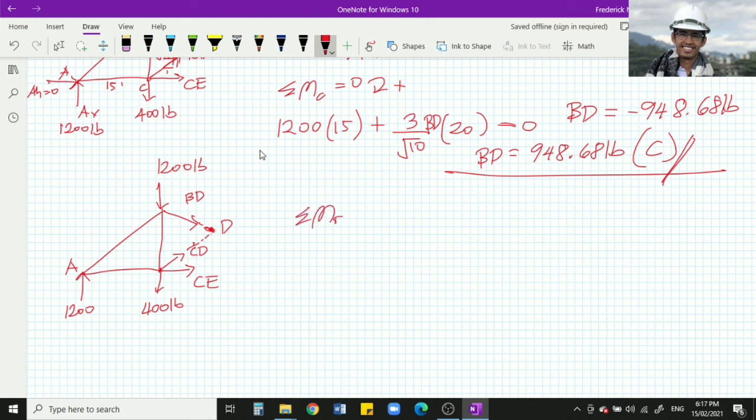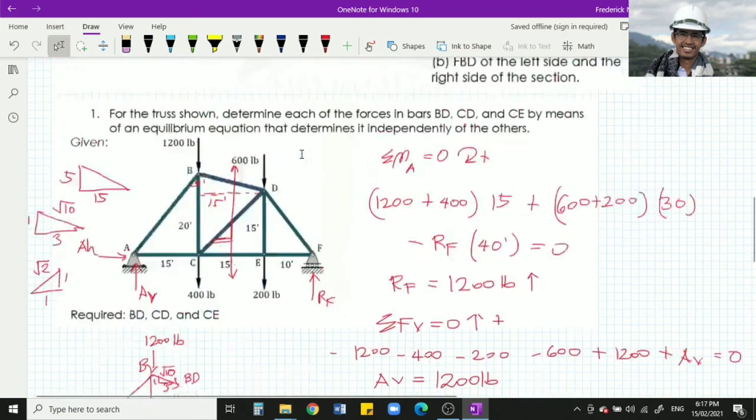So, moment at point D is equal to 0. Clockwise, positive. So, ano yung may moment na lang natin is yung forces dito, 1,200 tsaka 400 pounds. So, that will be, so pagsamahin na natin, 1,200 plus 400 pounds times, ano yung distance natin sa point D? 15 feet, di ba?